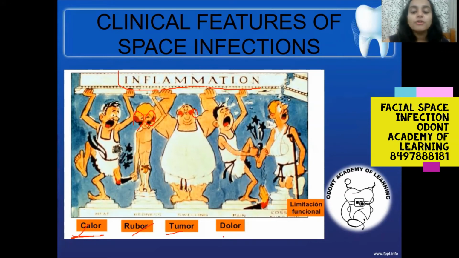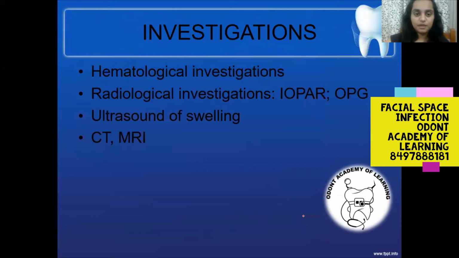Next is dolor, which is nothing but pain. So that area on palpation will be tender in most of the cases. And finally, we have loss of function in certain cases, like limitation of mouth opening. Okay, all of these come under limitation or loss of function.